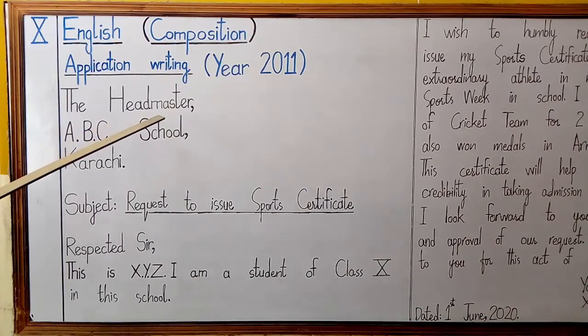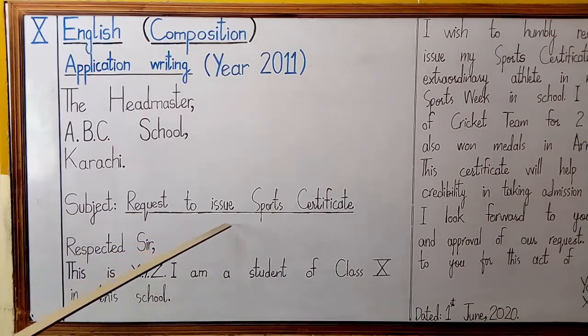The headmaster starting with capital H, A.B.C. School, comma, Karachi, full stop, Karachi with capital K. Then you have to skip one line here before the subject and one line after the subject. Subject, colon, request to issue sports certificates.